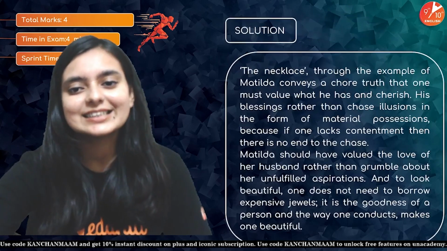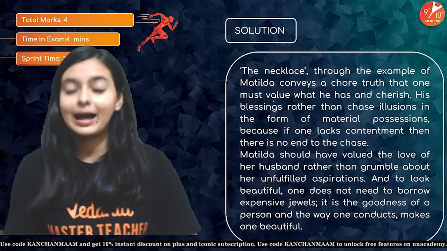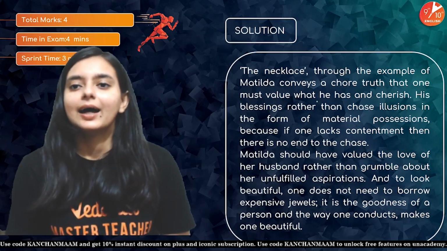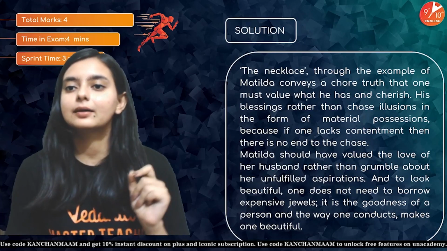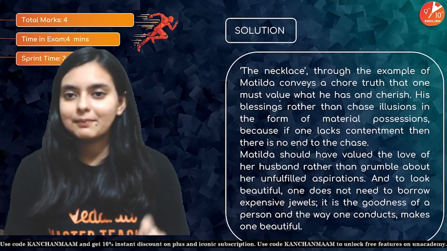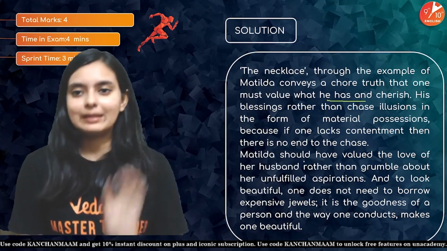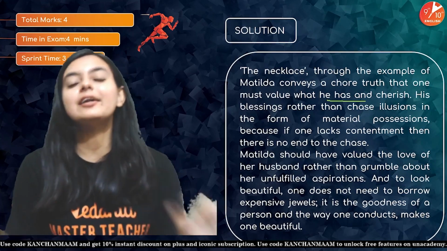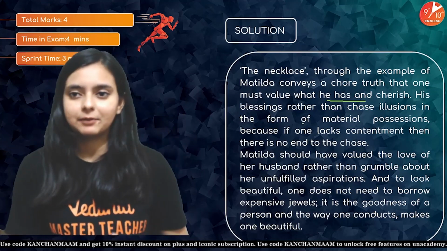Okay, so this is just a sample which I am giving out to you, but you can definitely add to this. The necklace, through the example of Matilda, conveys the truth that one must value what he has and cherish that. Very, very important. So contentment is a value that has been taught with the help of this chapter.